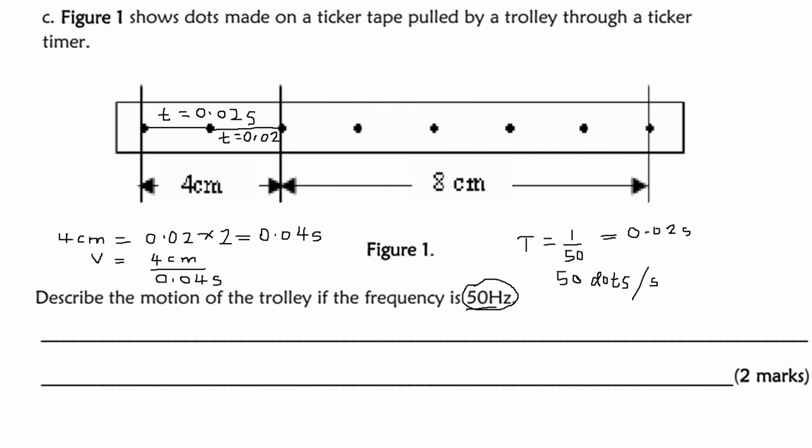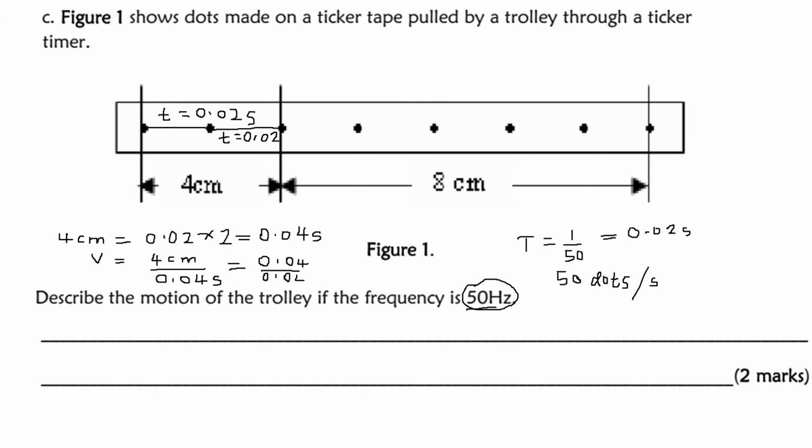We convert the centimeters to meters by dividing by 100, so 4 centimeters is 0.04 meters. So we have 0.04 meters divided by 0.04 seconds.